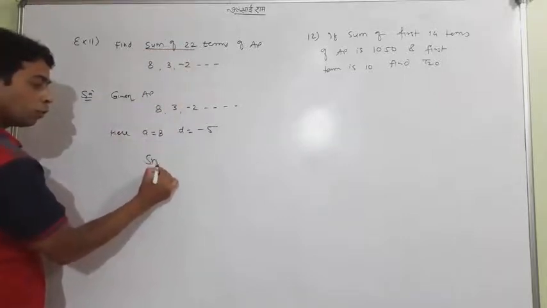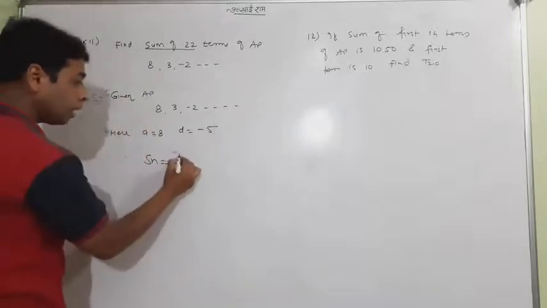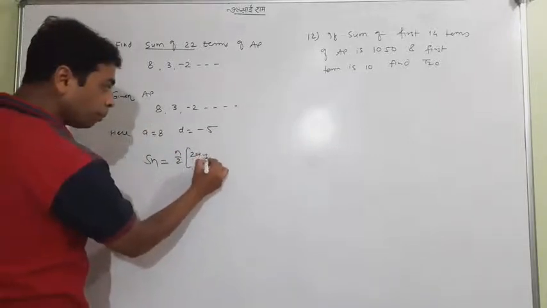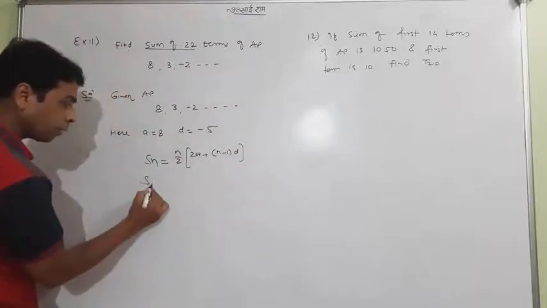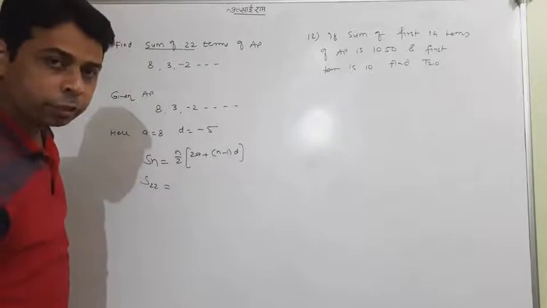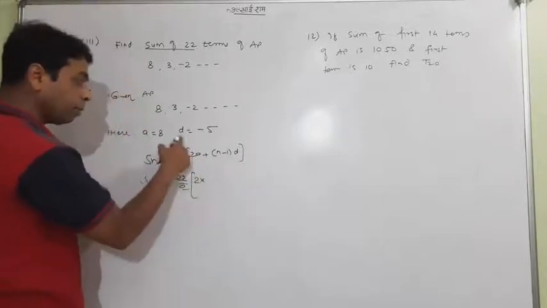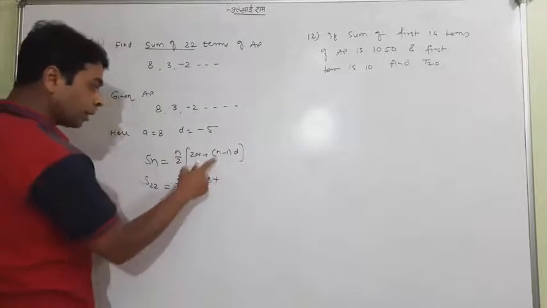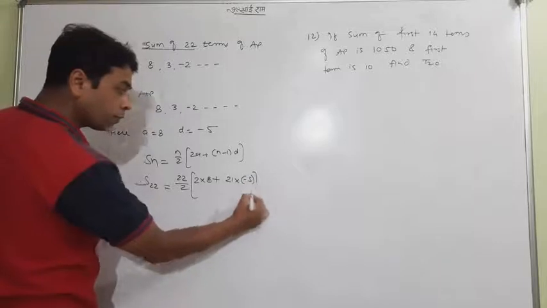So you will use the formula of sum, which I taught recently. The formula is n by 2, 2a plus n minus 1 into d. Sum of 22 terms means n equal to 22. So 22 upon 2, 2 times a meaning 8, n minus 1 is 22 minus 1, 21, and d is minus 5.